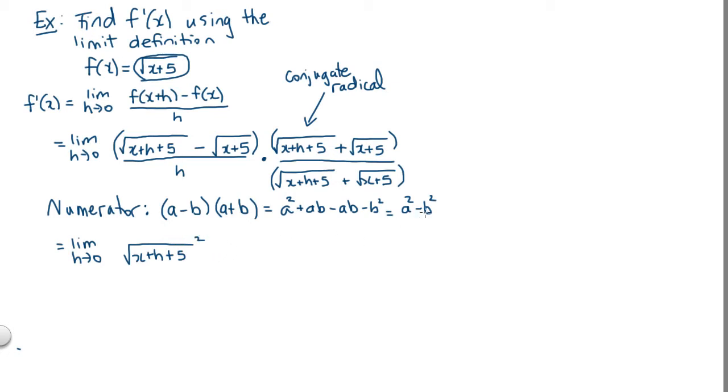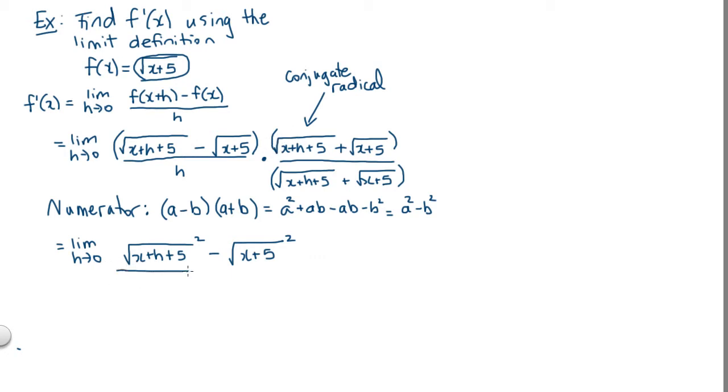And then we're going to have minus our second quantity squared, so minus root x plus 5 all squared. Okay, so that's the fast way of thinking about it. Of course, if you wanted, you could take another step or two to actually FOIL this out and simplify if you prefer to do it that way.